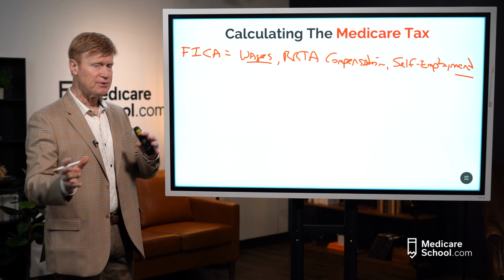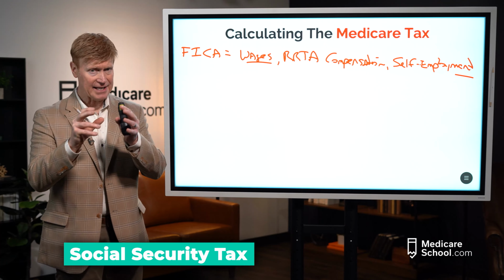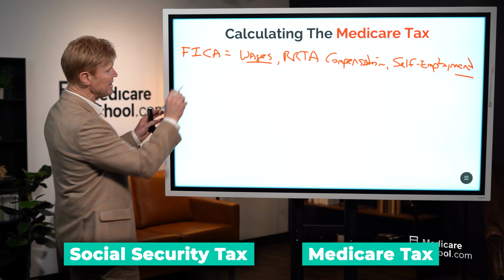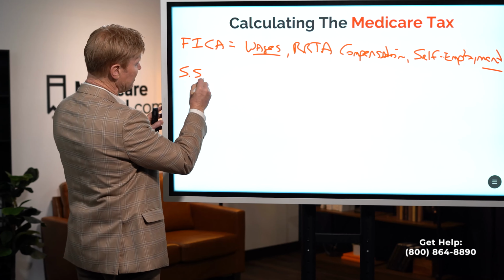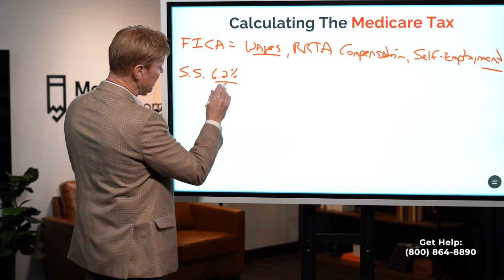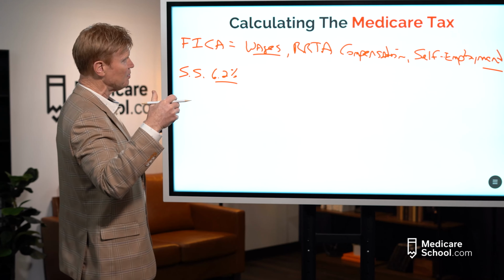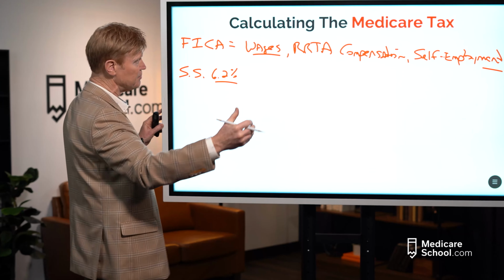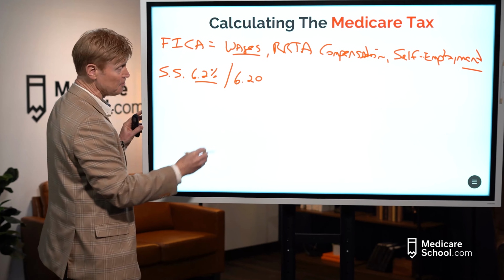Now, I just want to make a quick comparison between Social Security taxes and Medicare taxes, because they are different. Again, they're going to look at the same income here, but for Social Security right now, if you work for someone, 6.20% of your income is deducted from your payroll and goes into Social Security. Your employer matches that 6.20%.